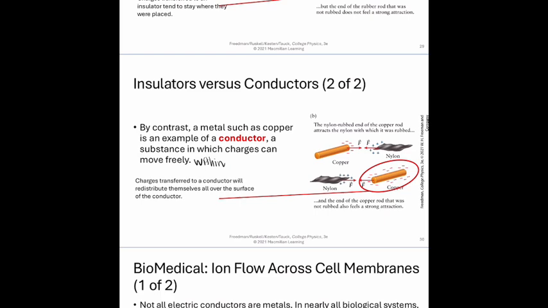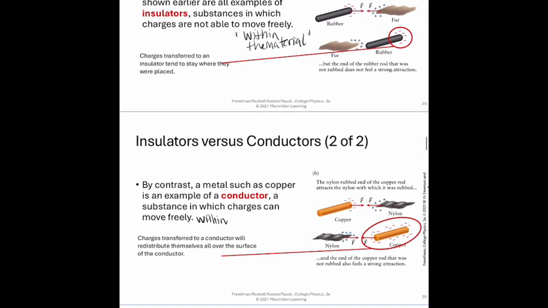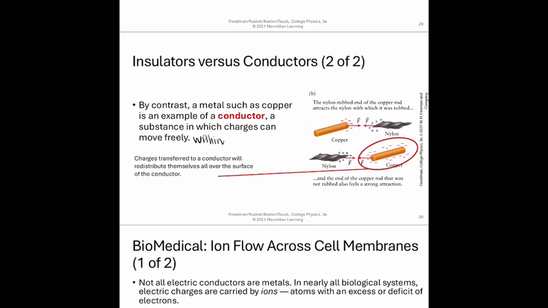What's left behind on the nylon is the absence of negative charges, and where those negative charges went is to reside on the conductor, on this conductor of copper. So this is where the difference happens between conductors and insulators.